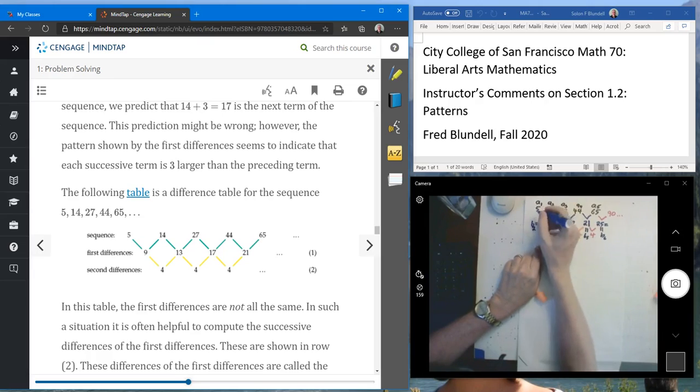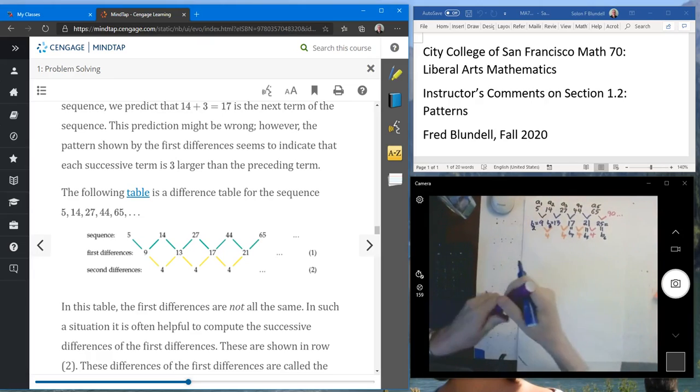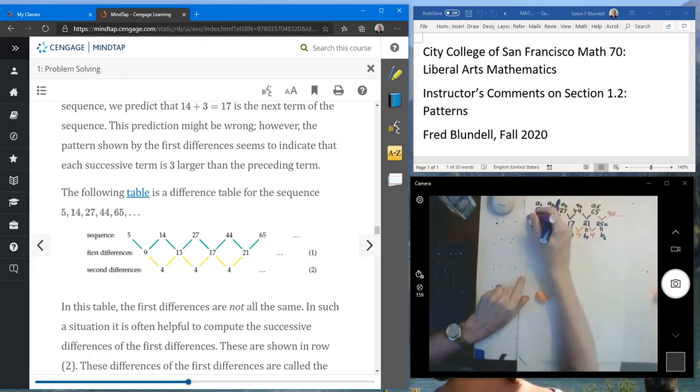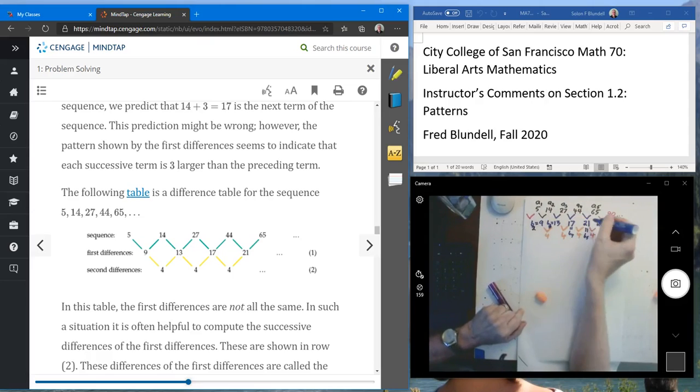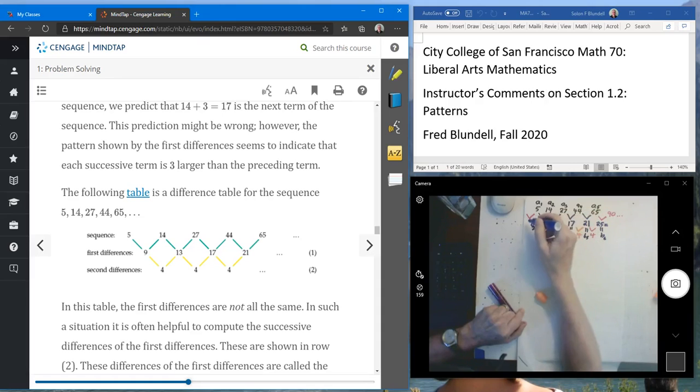So B1, if I predicted going backwards, the B's are just increasing by 4 every time. Here's 25, subtract 4, 21, subtract 4, subtract 4. So I subtract 4 again. My next one, my B1, would be 9 minus 4 is 5.